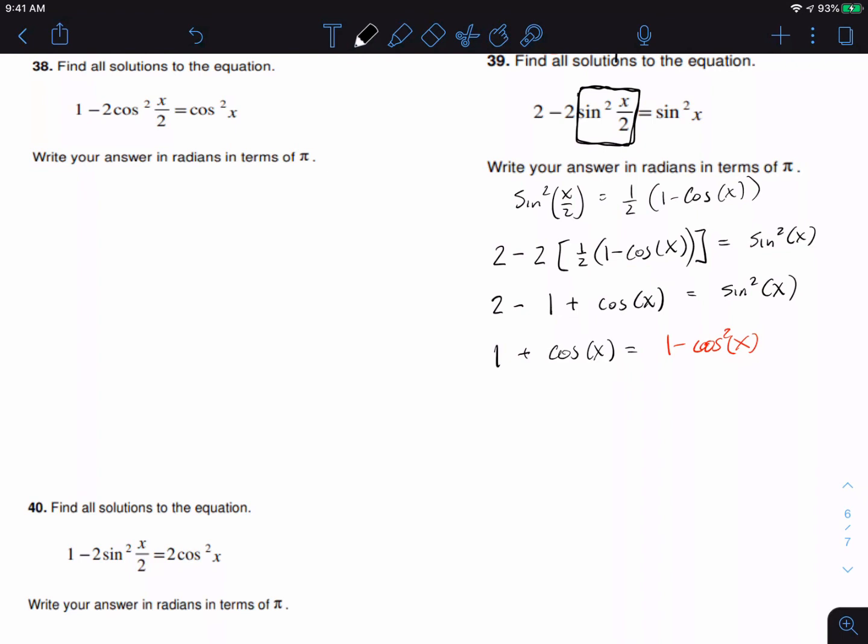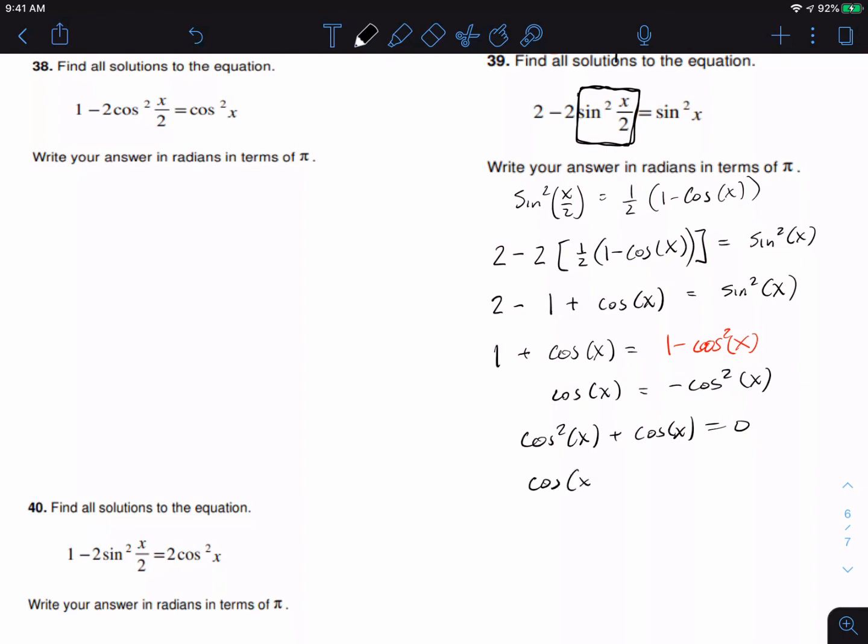And then cleaning that up, the 1's will cancel. And I'm going to get cosine of x is equal to a negative cosine squared of x. But then I'm going to bring everything to one side. So I'm going to get cosine squared of x plus cosine of x is equal to 0.